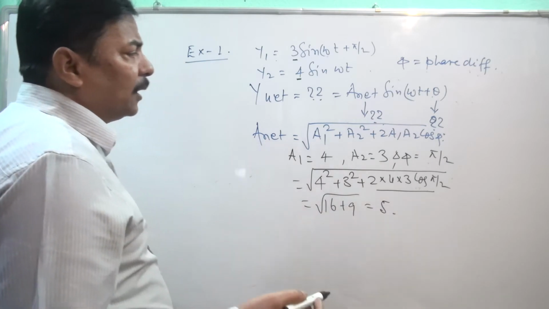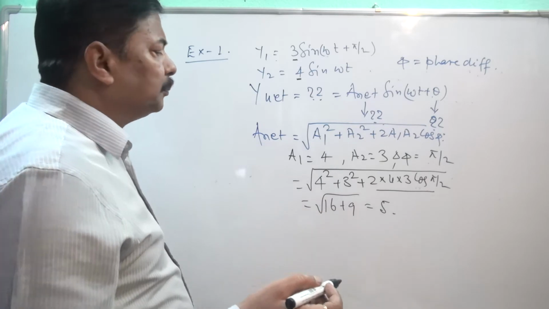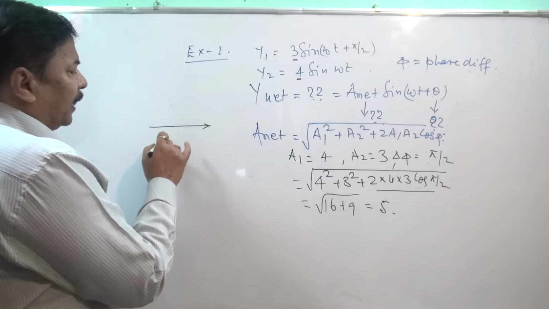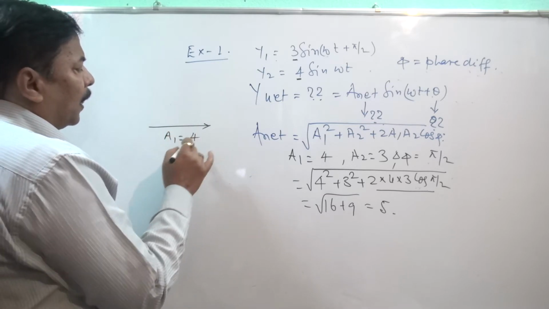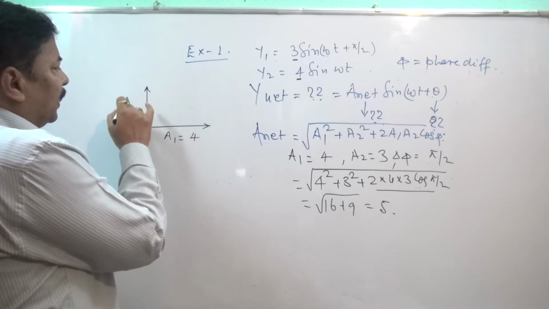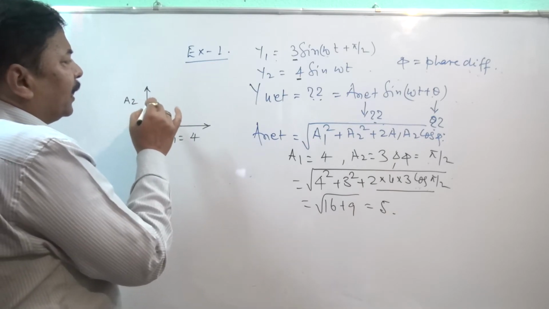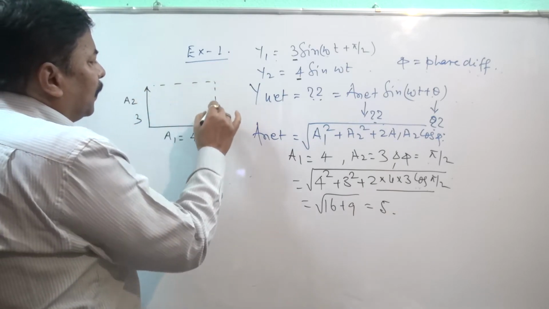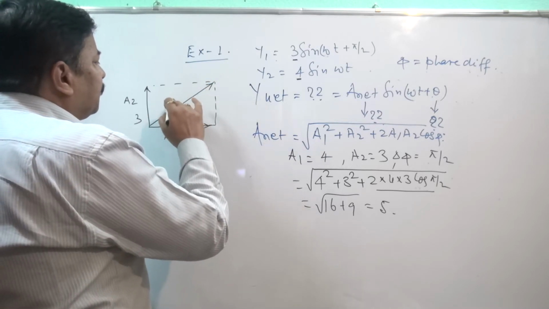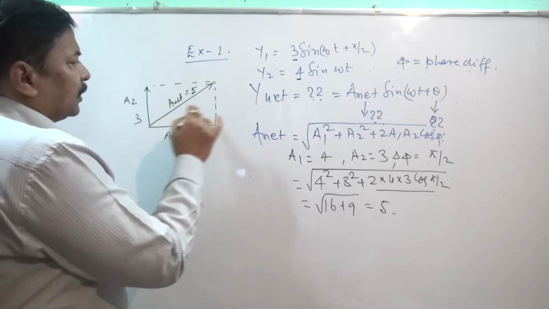Now in this situation you should understand a very important triangle, that here A1 is 4 and A2 is 3, and you are getting A net as 5. Now this is also 3.